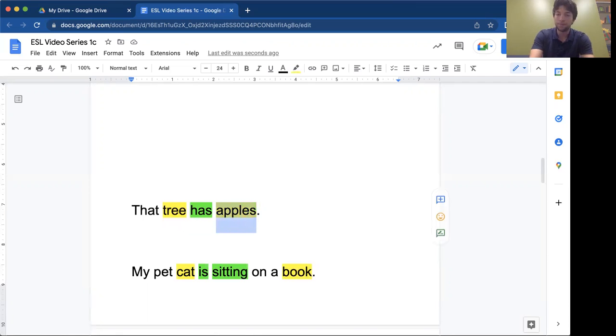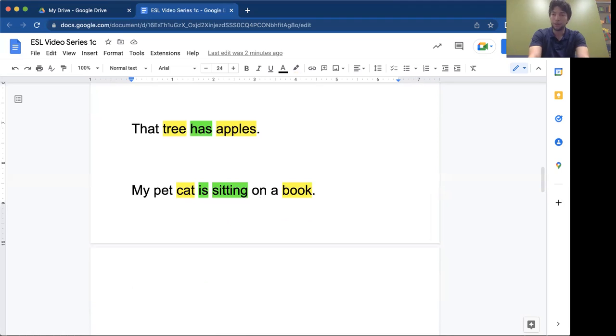Apples. That is the noun that denotes the result of that verb. Additionally, we could remember SVO structure, and the subject usually comes first. So this would be the subject, then we have the verb, and then we have the object. That's another way we could look at it.